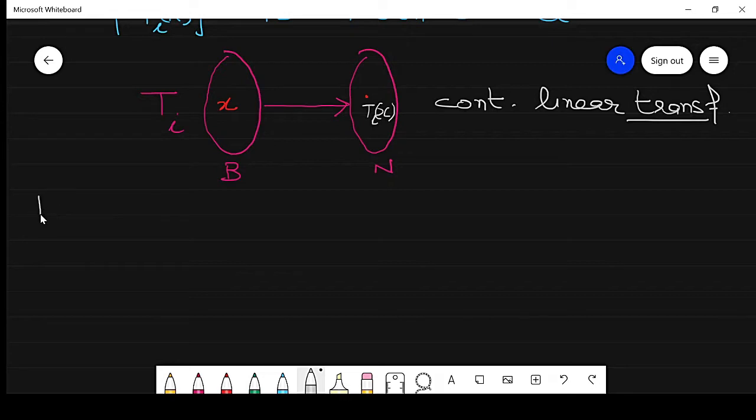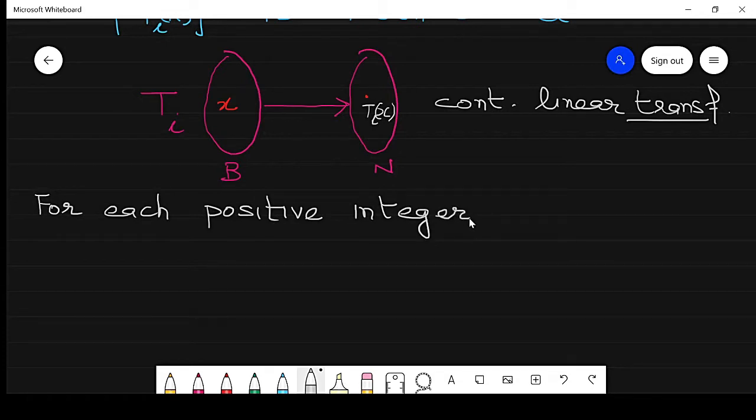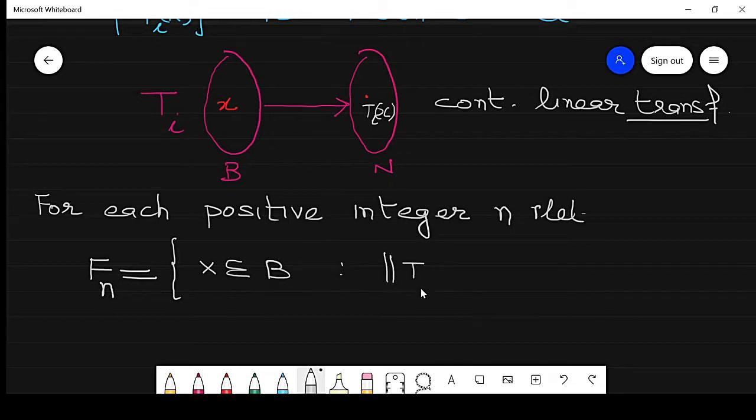Now we define, for each positive integer, natural number n, a set Fn, which is equal to the set of X belonging to B such that norm of Tix is less than or equal to n.